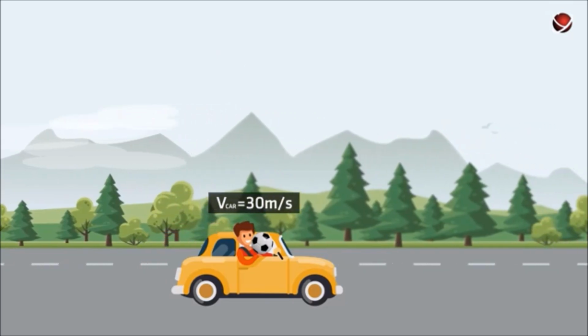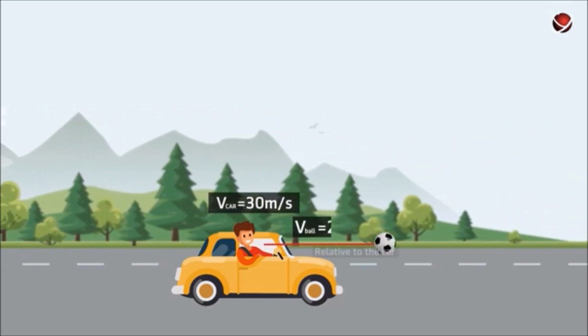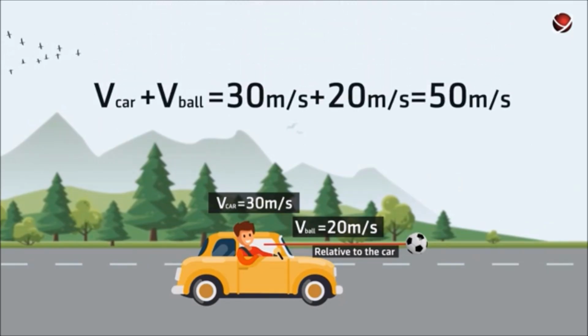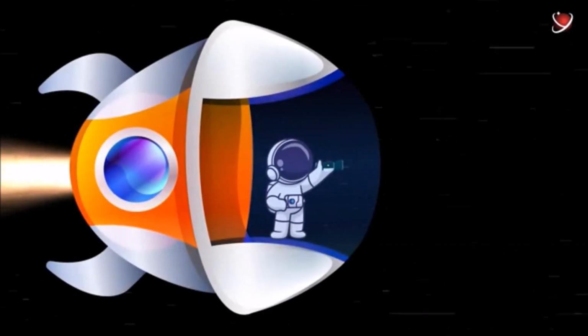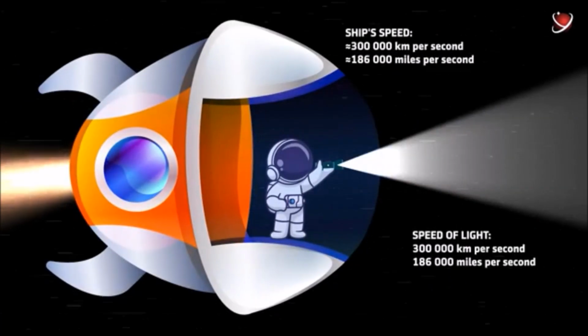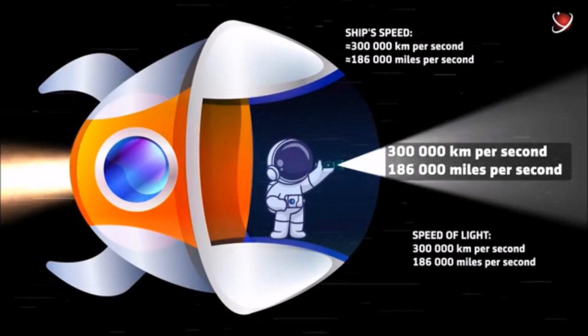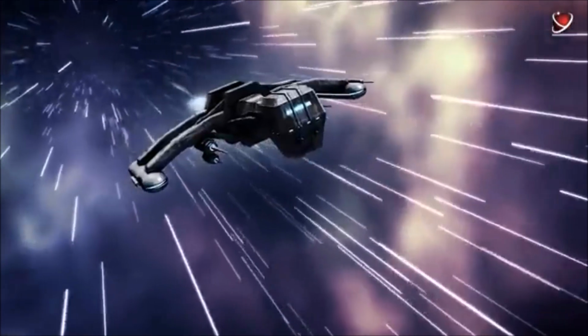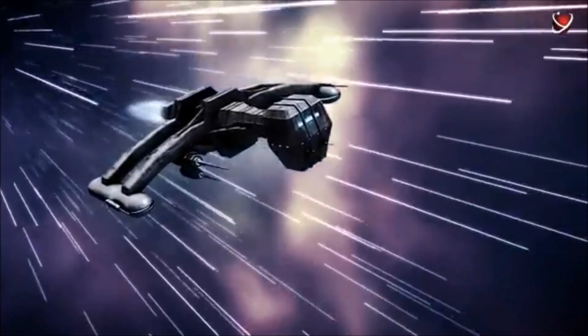After all, if you're driving a car and throw a ball forward, the speed of the ball equals the sum of the speed of your car and the speed at which you throw the ball. But logic doesn't work here. The speed of the flashlight beam will still be equal to that same stubborn figure, 300,000 kilometers per second or 186,000 miles per second. No more and no less. Always, everywhere.